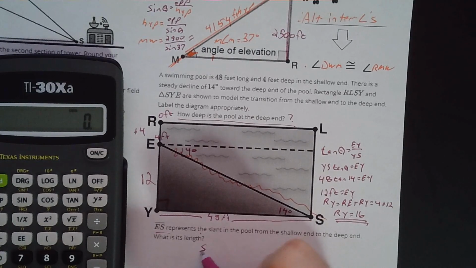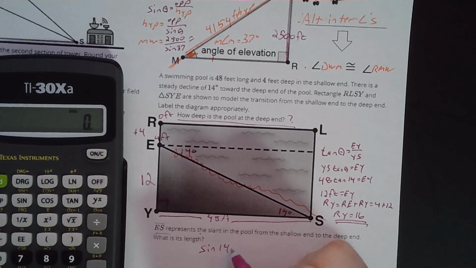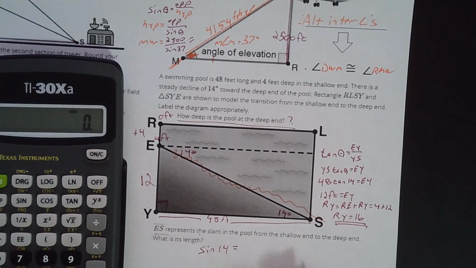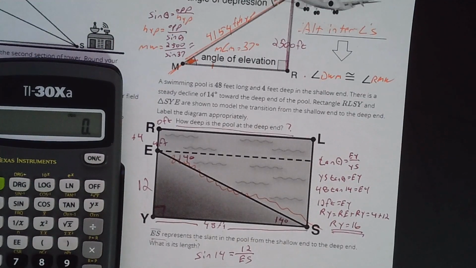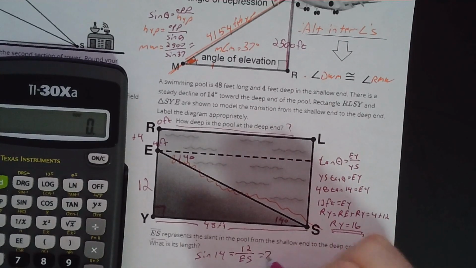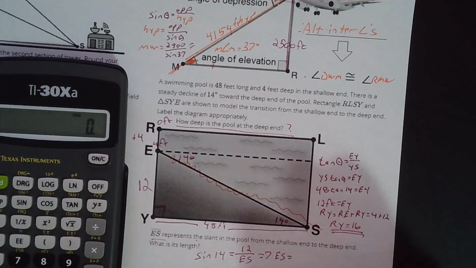So the sine of 14 equals opposite 12 over ES, because that's the hypotenuse. Therefore, ES equals 12 divided by the sine of 14.